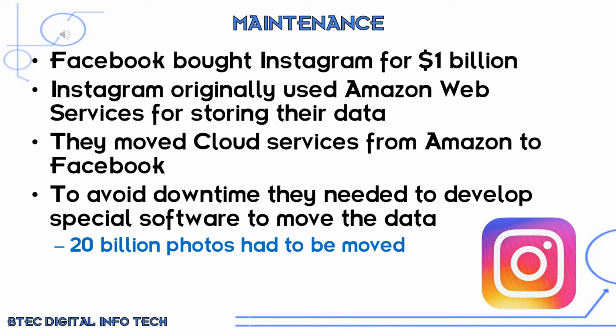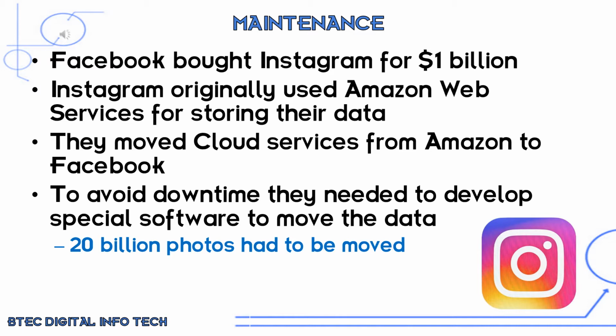So an interesting example of maintenance is with Facebook and Instagram. Facebook actually bought the Instagram app for around $1 billion. So Amazon Web Services was originally used to store all of Instagram's photos. So rather than do that and keep all of the data on Amazon, what Facebook actually did was move all of the data straight to their servers instead.